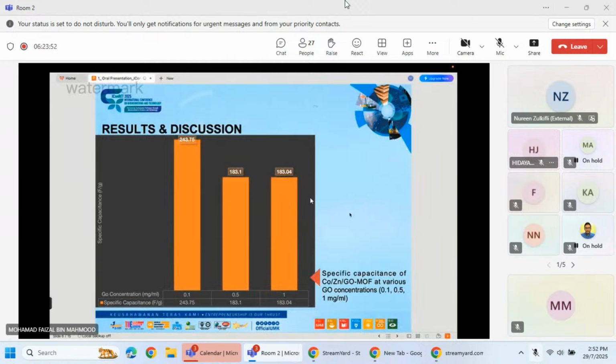Results show that the least graphene oxide concentration, which is 0.1 milligram per ml, gave the highest capacitance of 243.75 farad per gram as opposed to higher graphene oxide concentration electrodes. This phenomenon could be attributed to the agglomeration of graphene oxide at high graphene oxide concentrations that impede the flow of charges and ions.